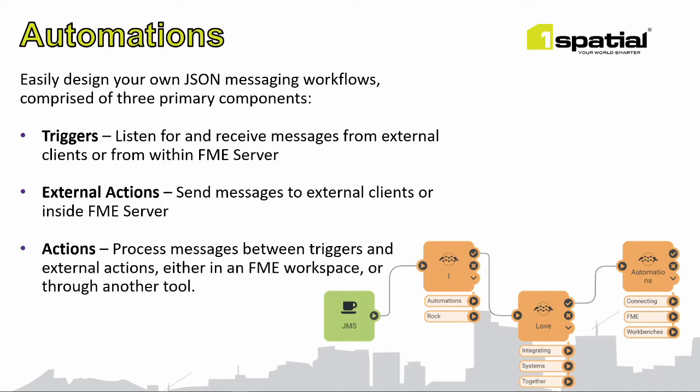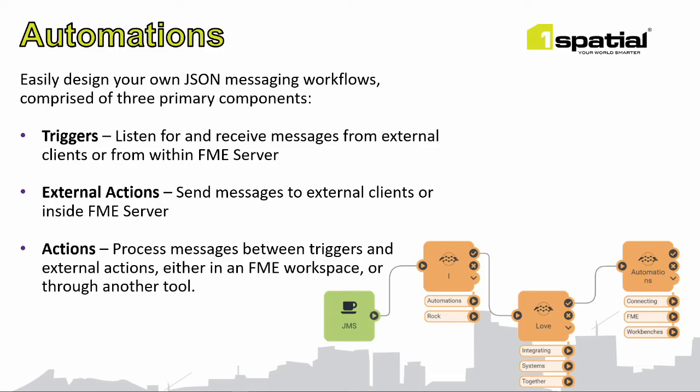These workflows will be comprised of three primary components: triggers, which listen for and receive messages from external clients or from within FME Server; external actions, which send messages to external clients or to FME Server itself; and actions, which process these messages between triggers and external actions, either in an FME workspace or through another tool such as filtering and logging.